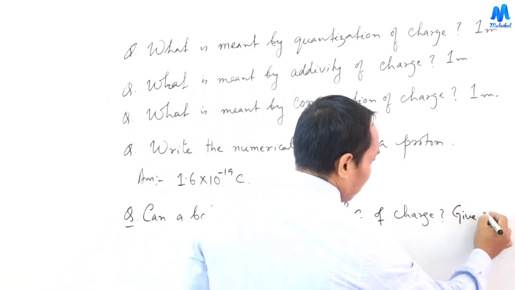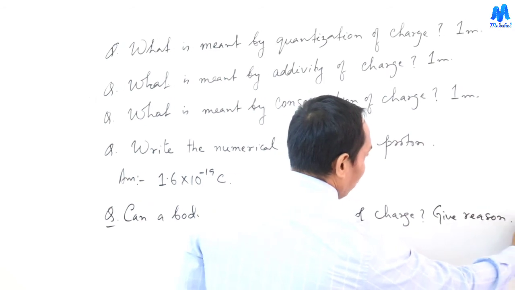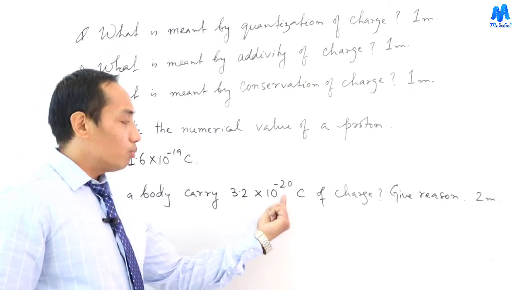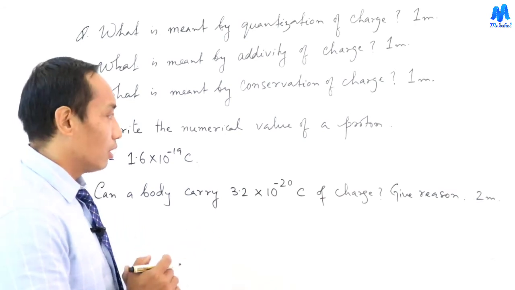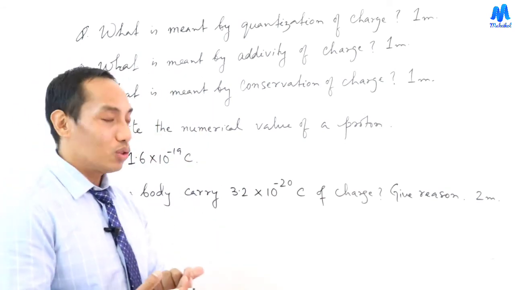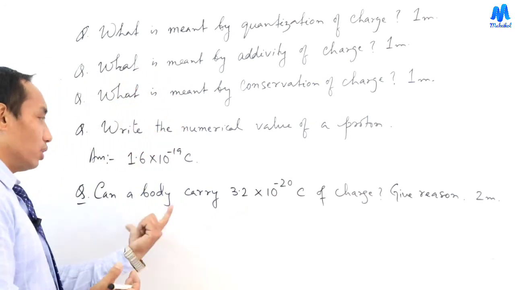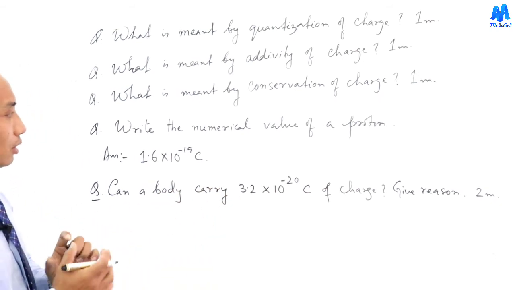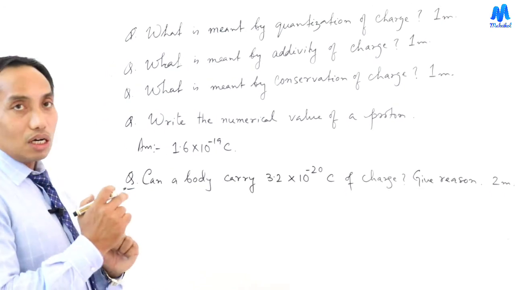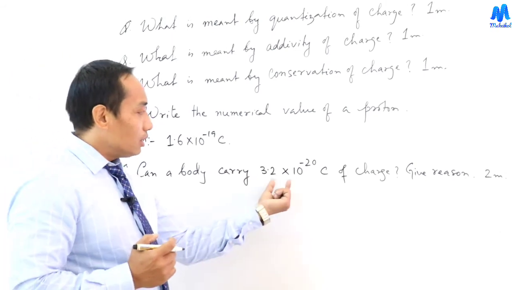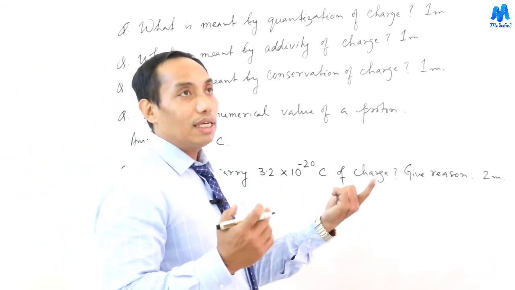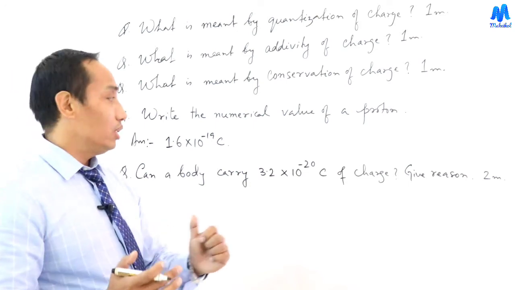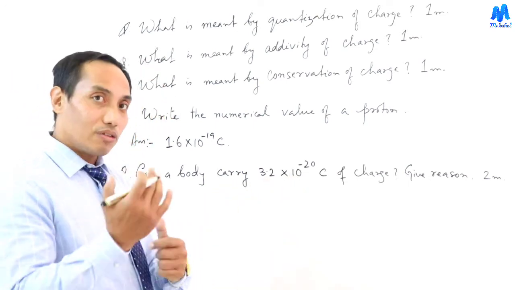Give reason, for 2 marks. Whether yes or no, the reason is what matters. To answer, we apply the mathematical form of quantization of electric charge, that is, total charge q equal to plus minus n e, where n is an integer. If n comes out to be an integer, the answer is yes; if n is not an integer, the answer is no.